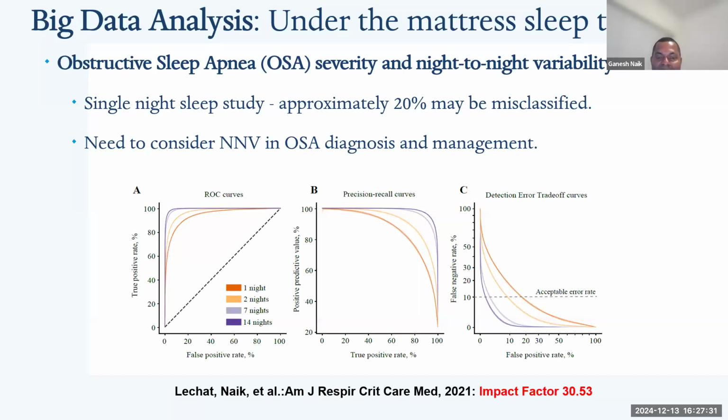This study demonstrated that the traditionally used single night sleep study is not good enough. Doctors need to consider at least more than 7 nights of sleep study. But the problem with clinical sleep studies is that doing 7 nights for a single person costs a huge amount.